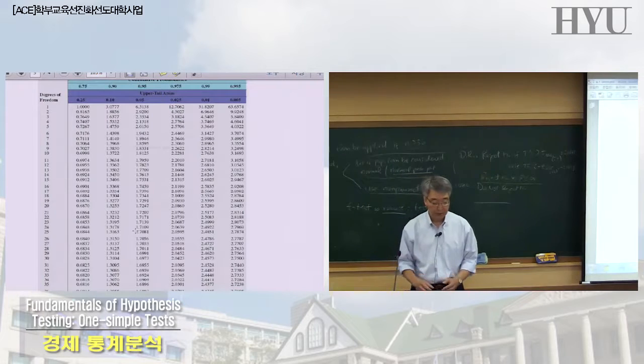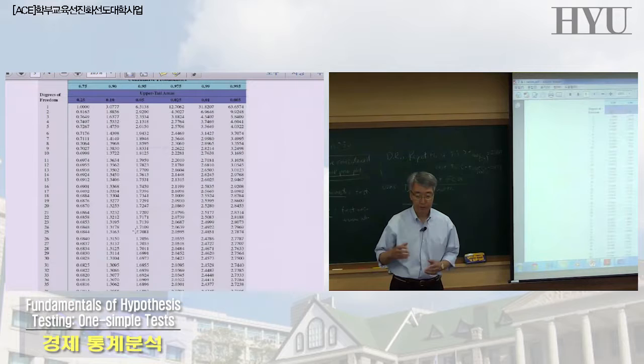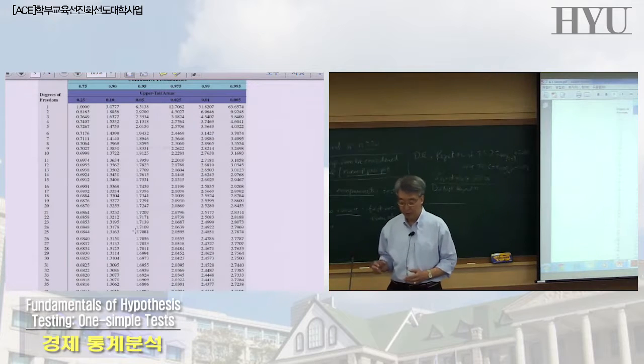So in reality, when you run the test on the computer, the computer calculates the area outside.